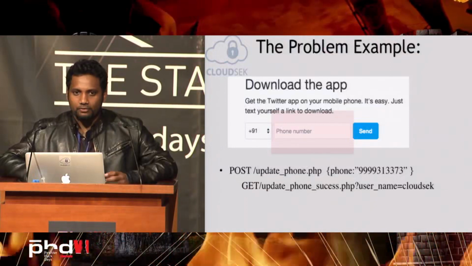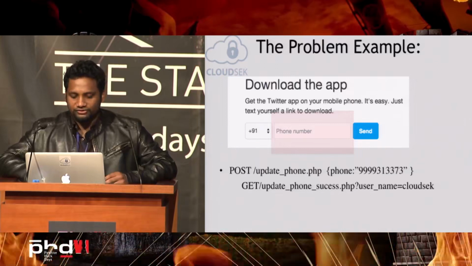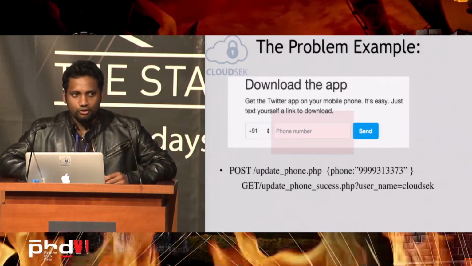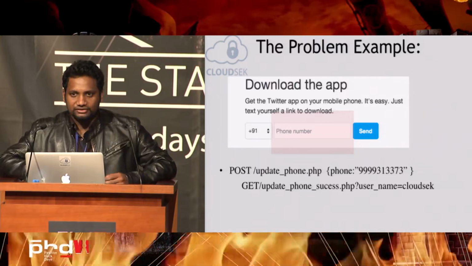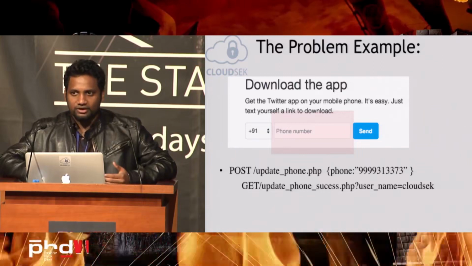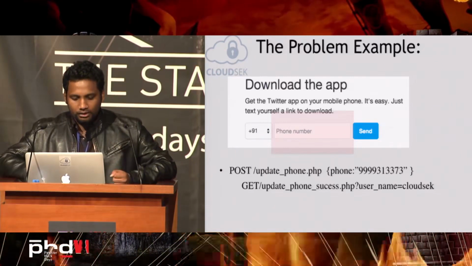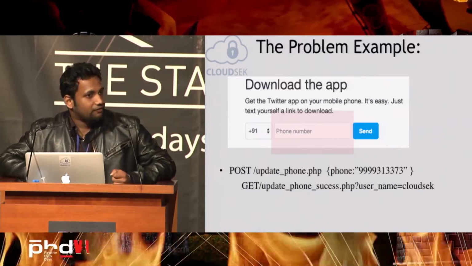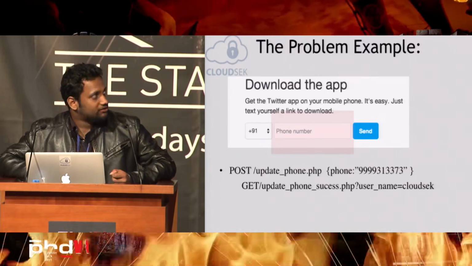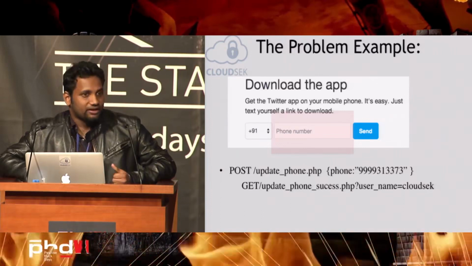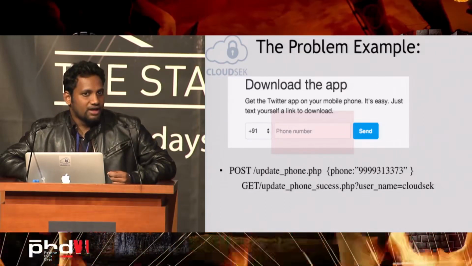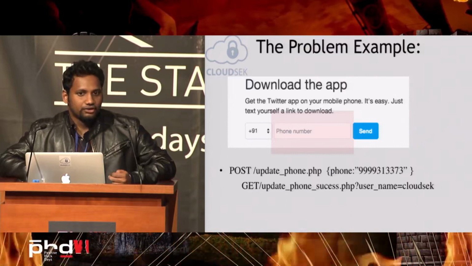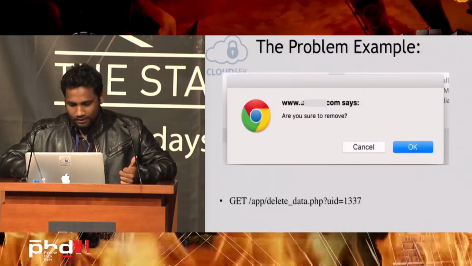This is a very common problem with almost all application security scanners. They do not understand what the application is trying to say back to them. They do not understand human language. In this example, if and only if you enter a phone number, you would trigger the second request. Else the second request would never be triggered, and you would never be able to identify any security issues which would happen in the second request.